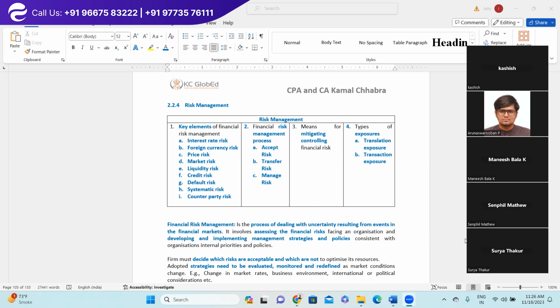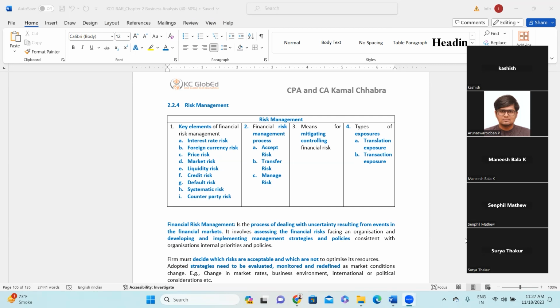Let's assume polyethylene, polypropylene, such kind of product you are importing for manufacturing of plastic products, right? Polyethylene and polypropylene are basically used to manufacture plastic products, and you are purchasing them from the international market, right? And their prices are fluctuating every moment. So it will impact your purchase cost.